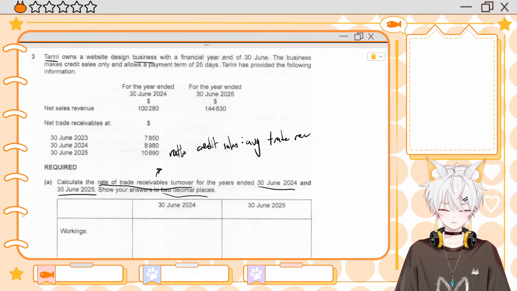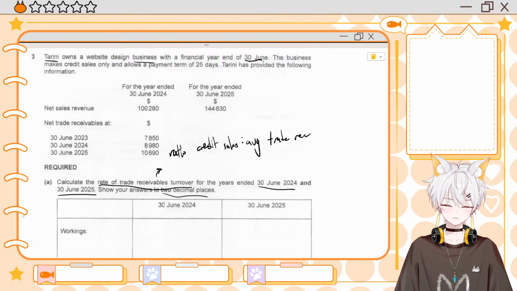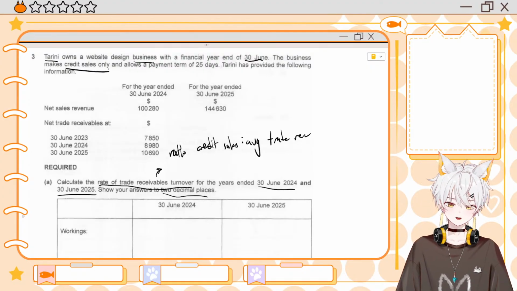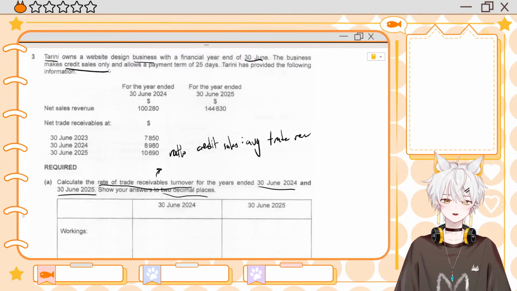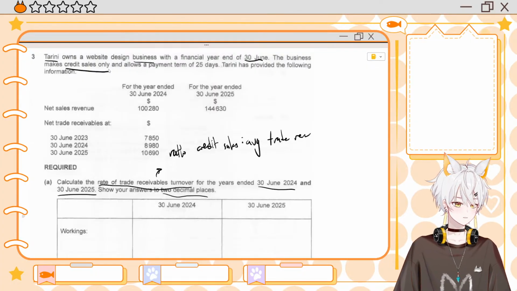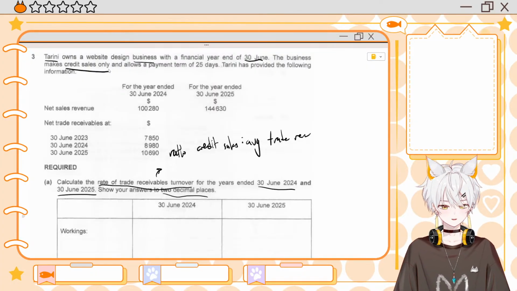Financial year end 30th June. So now we know why they said for the years ended 30th June 2024 and 2025. This business only makes credit sales, so this simplifies things. We don't need to calculate their actual credit sales because all of their sales are credit sales, so we can take that figure as it is.